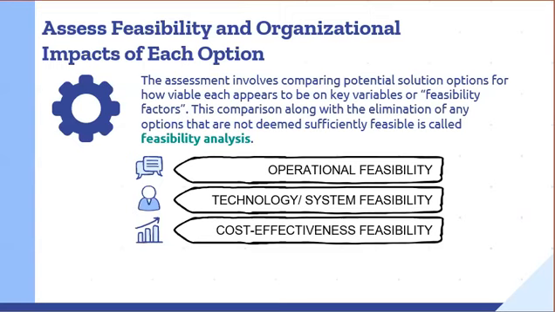So the potential questions may include: what are the upfront and ongoing costs for the proposed solutions? Are the potential solutions affordable in view of the expected benefits? Can the funding be obtained for the investment needed?